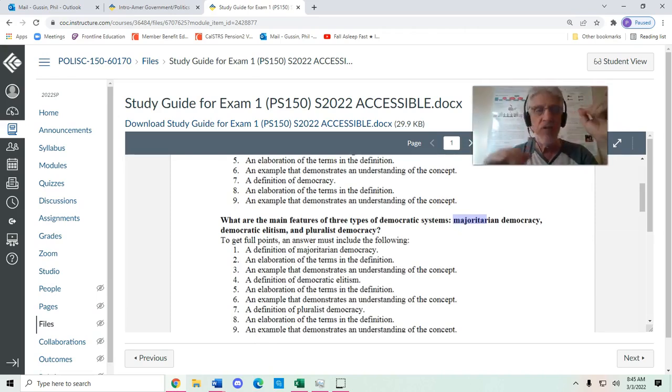Canvas randomly selects questions and you get that question. You go over to your study guide, you copy that answer, you paste it into the exam, and boom, you're done. Now you can move on to the next question.